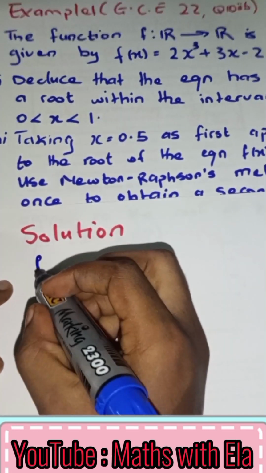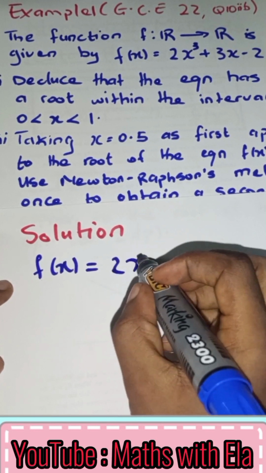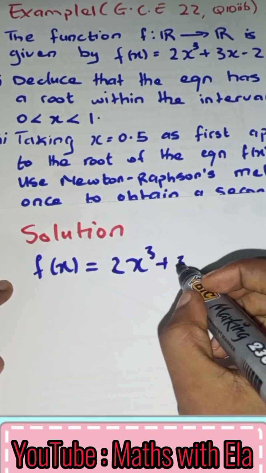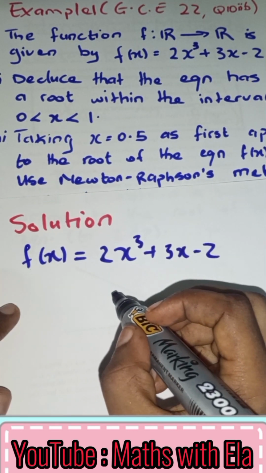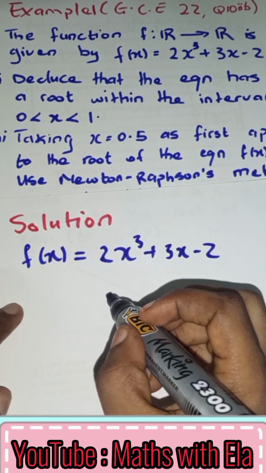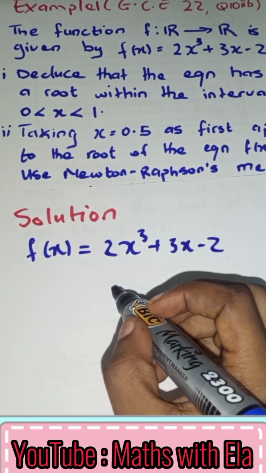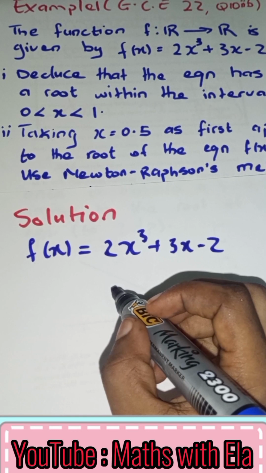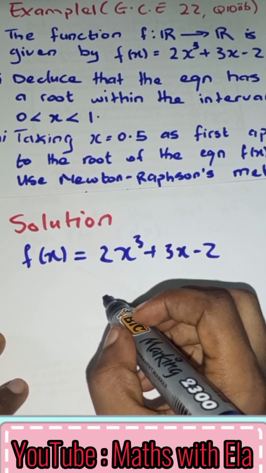First, we write our equation, 2x cubed plus 3x minus 2, and we want to show that it has a root between 0 and 1. We evaluate f at the point 0, evaluate f at the point 1, and when we notice a change of sign, we conclude that there exists a root in this interval.